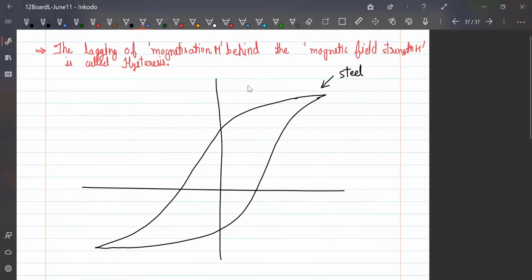And a good option for substances in which we have to induce the magnetic field many times is soft iron. For soft iron, the hysteresis graph looks like this.